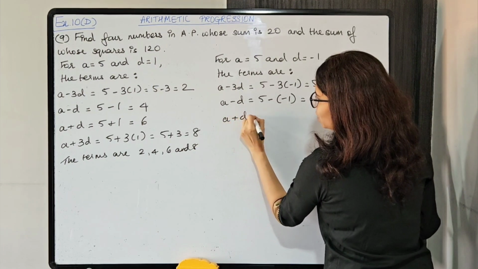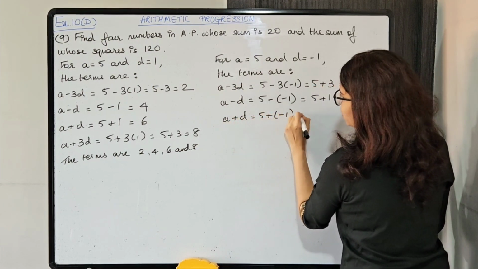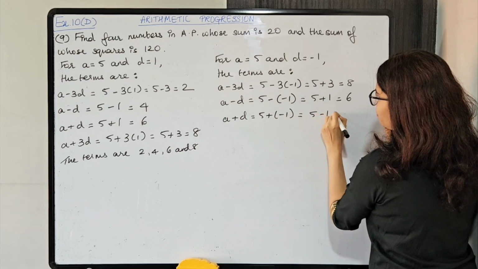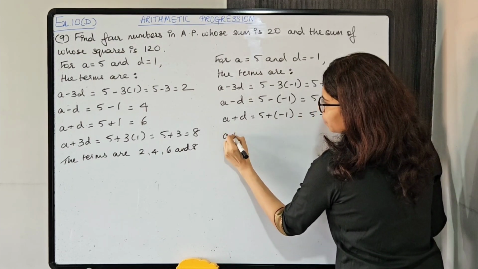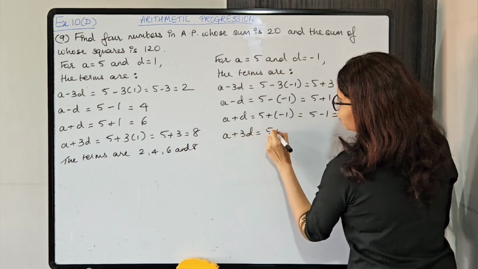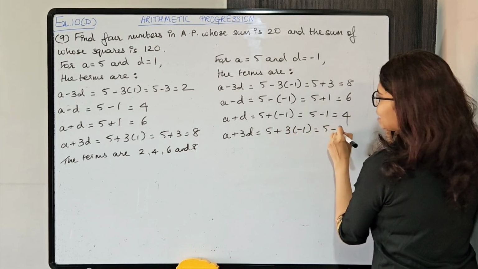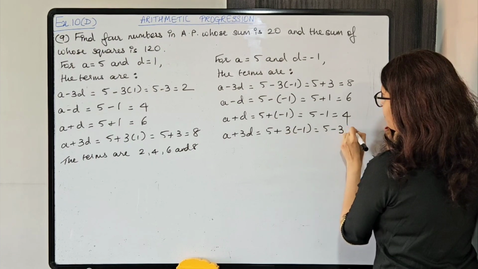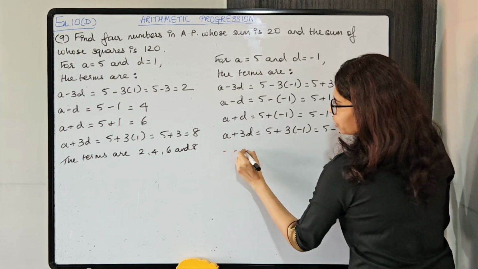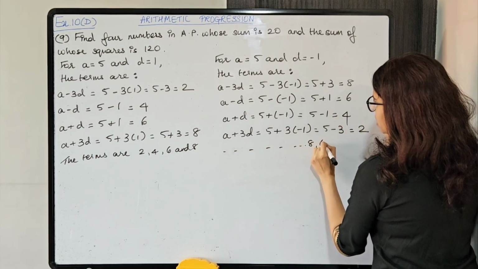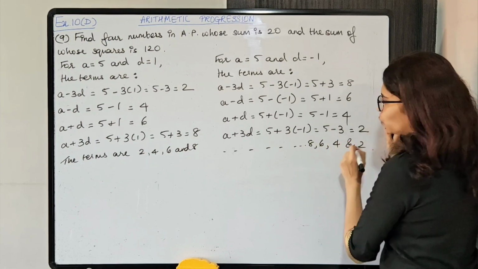A plus d will be 5 plus minus 1, which is 5 minus 1, 4. And a plus 3d will be 5 plus 3 into minus 1, that will be 5 minus 3, plus into minus is minus. Okay, so the terms are 8, 6, 4 and 2.